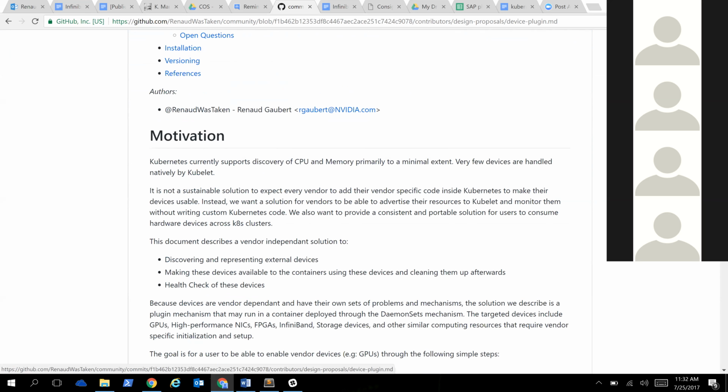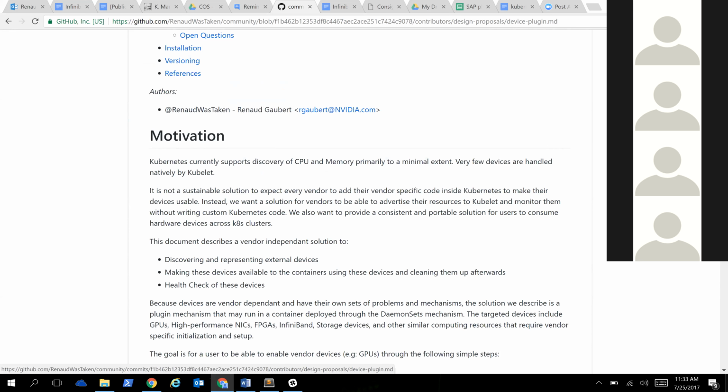To do that, we consider the minimal set of features that makes GPUs available in production clusters to be: making those GPUs available in the container, being able to health check the GPUs, and being able to clear the memory and run some tests before starting the containers on the GPU.